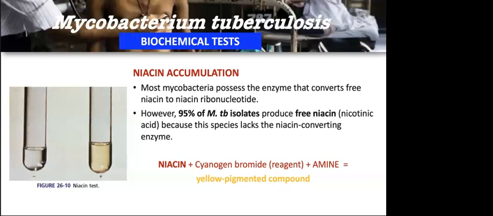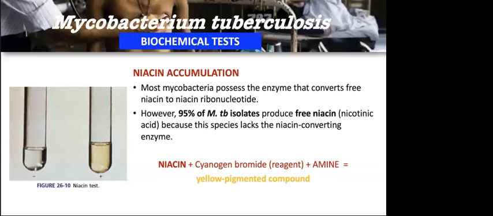Actually, all species would produce nicotinic acid. However, Mycobacterium tuberculosis accumulates the largest amount of nicotinic acid. So 95% of our TB isolates produce nicotinic acid, or free niacin, because they do not have the enzyme that would convert niacin into niacin ribonucleotide.